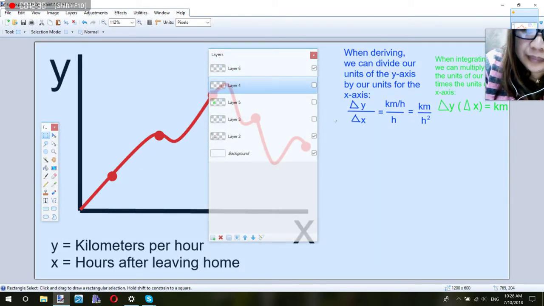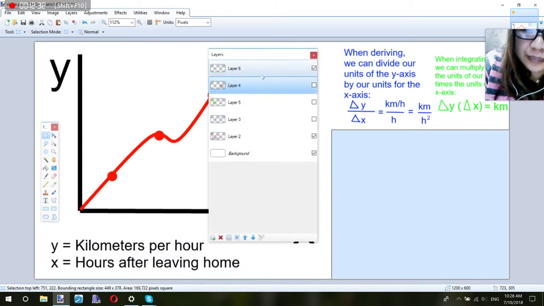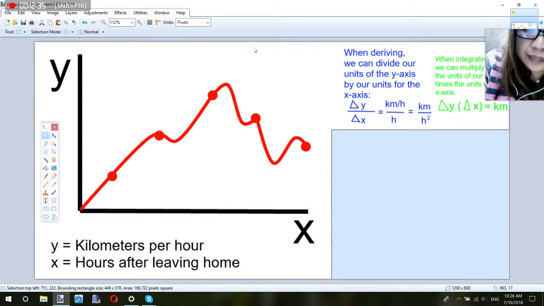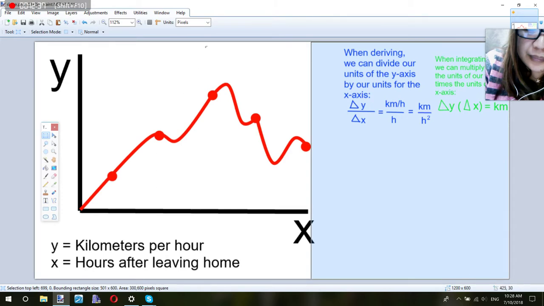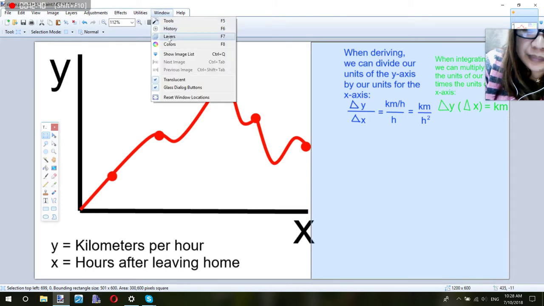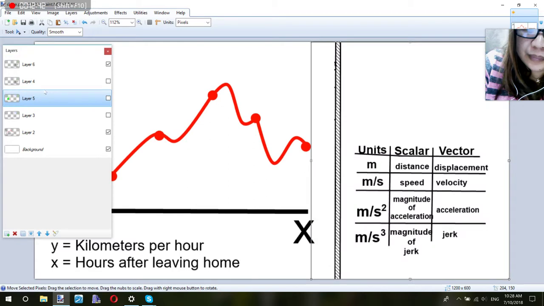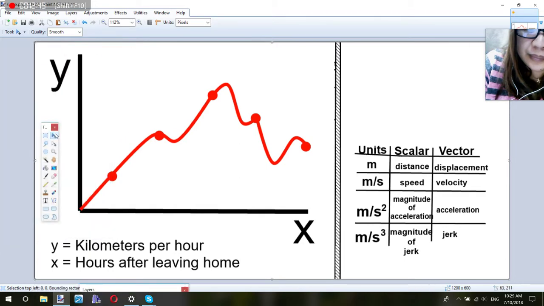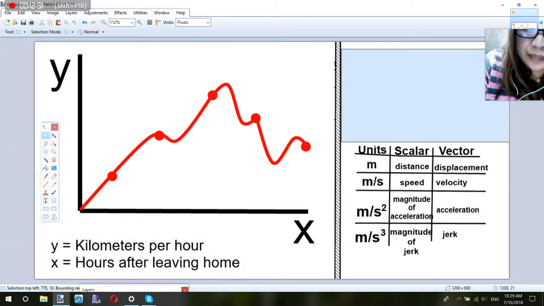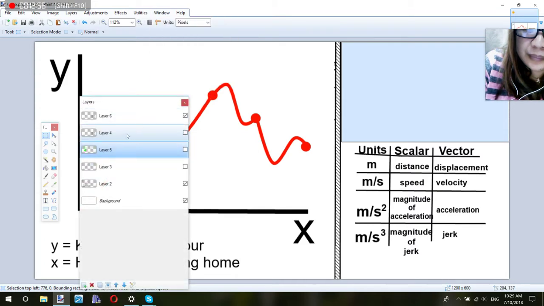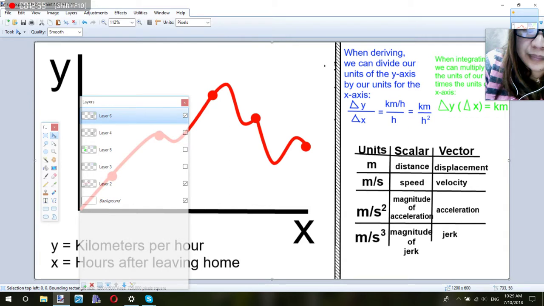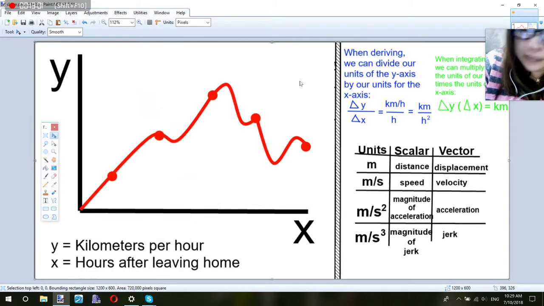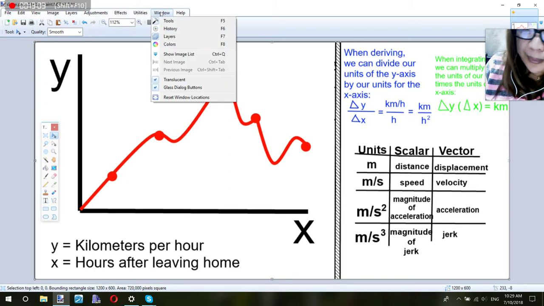Okay. How should I do this? I need to do this, I think. Copy this part first, and then just copy the top. Alright, there we go. So I'm going to change our units for this.